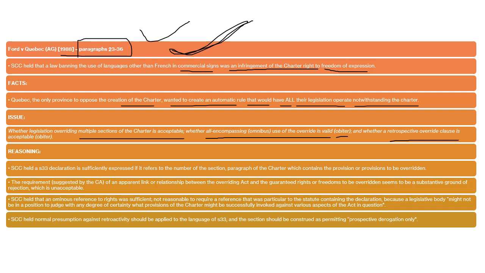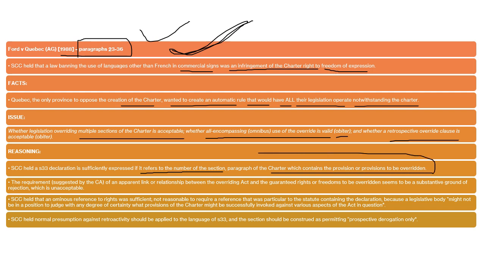The Supreme Court of Canada held that a Section 33 declaration is sufficiently expressed if it refers to a number of sections. Firstly, you cannot just say that we are protecting the French language. You have to mention the particular sections, that through this legislation the Quebec government is trying to override this particular section, because this is the basic requirement of Section 33 of the Charter, which contains the provision or provisions to be overridden.